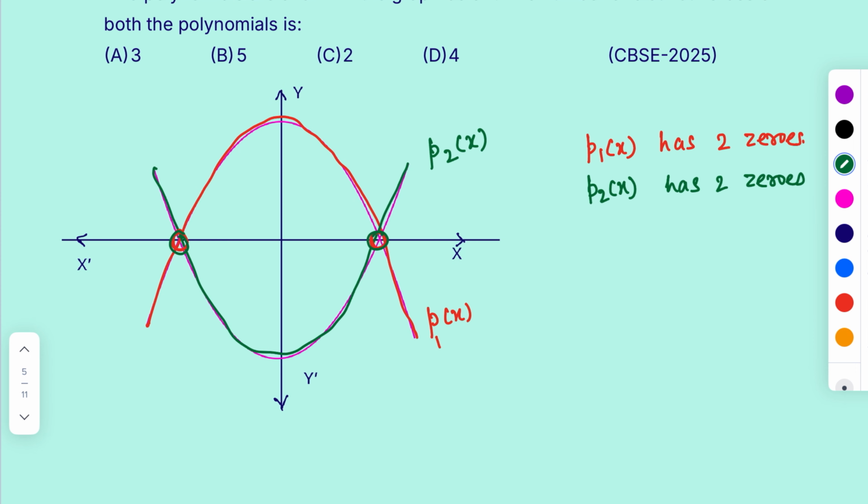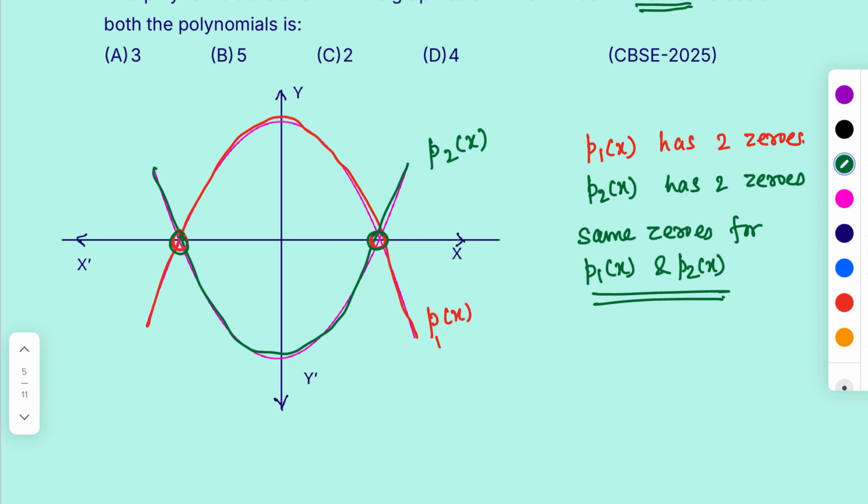But these values of zeros are the same for both the polynomials. Same zeros for p1(x) and p2(x). Hence, since it has been asking for distinct zeros, suppose this is equal to minus 3 and this is equal to 4.